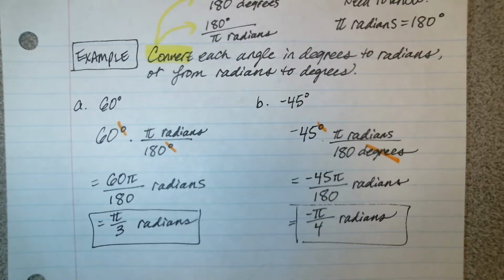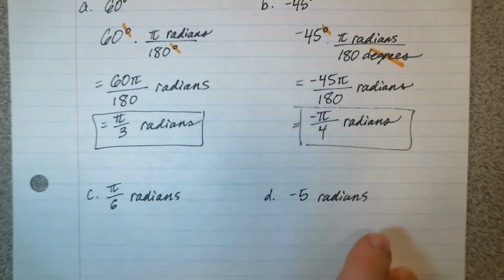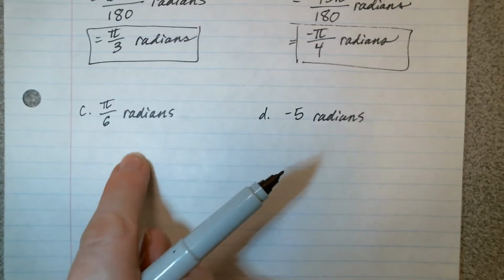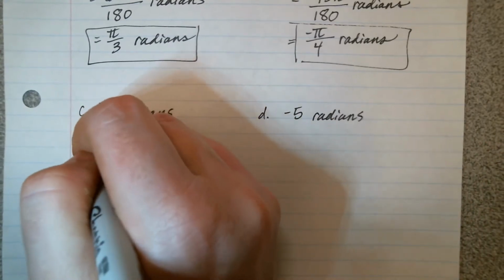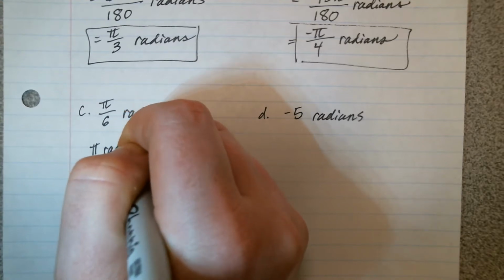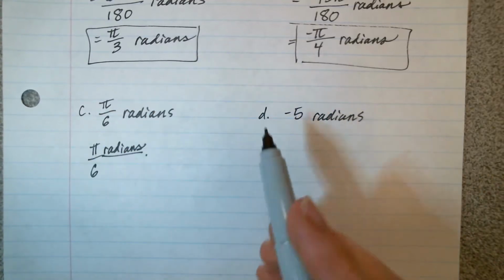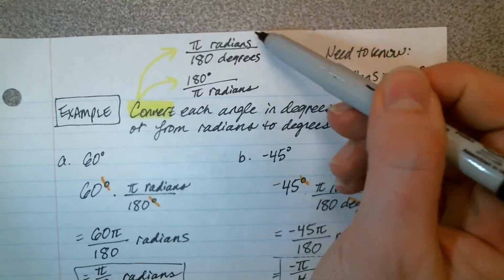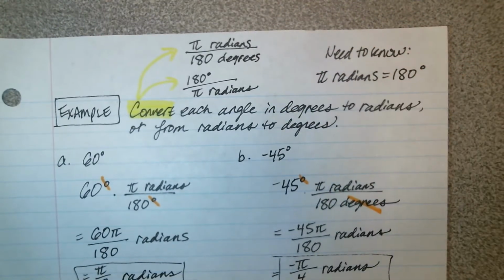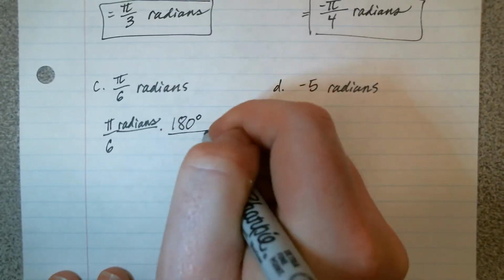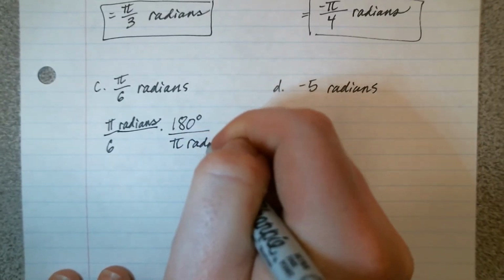So if I want to convert in the other direction, if I'm starting with an angle measured in radians and I want to convert it to degrees, so what I need to do is multiply by the correct ratio up here so that radians will cancel. So I'm going to use this one. So 180 degrees divided by pi radians.